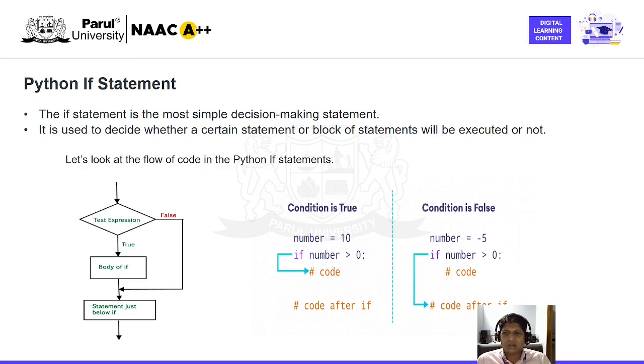When any diamond box is there, you can see the flow diagram of the if statement. Once execution comes here, it tests the expression. If the given expression, given condition, I hope you remember when I was discussing the comparison operator.